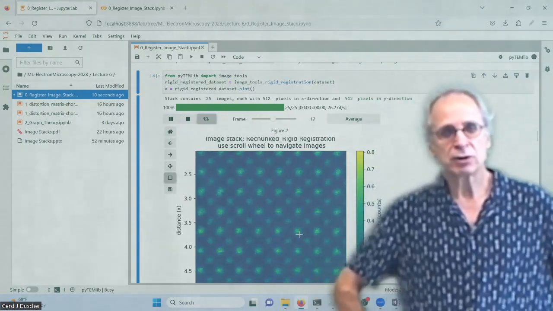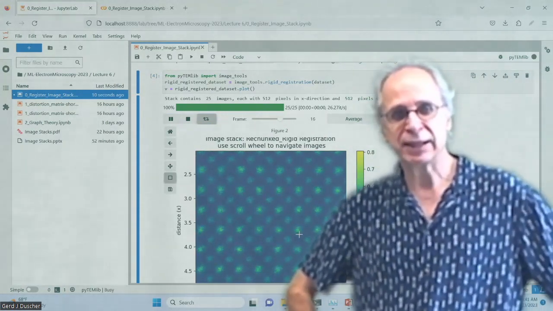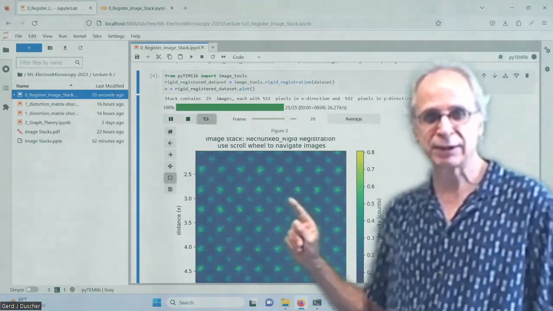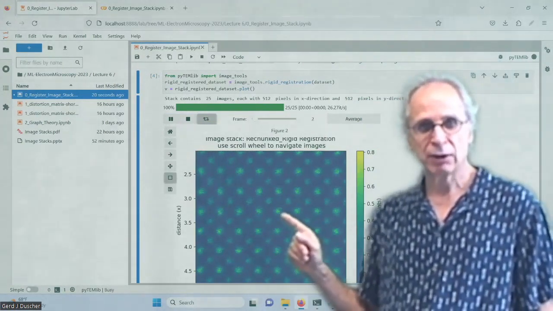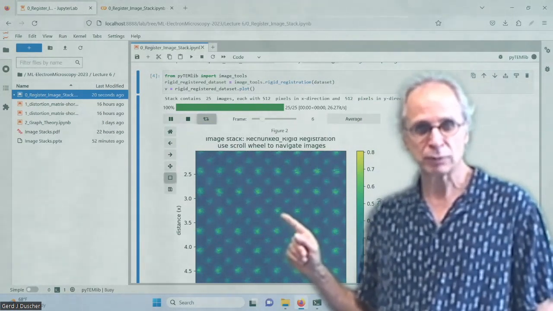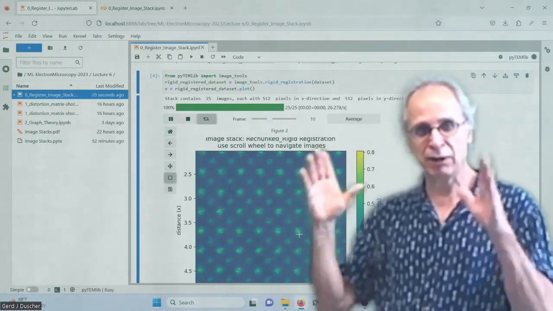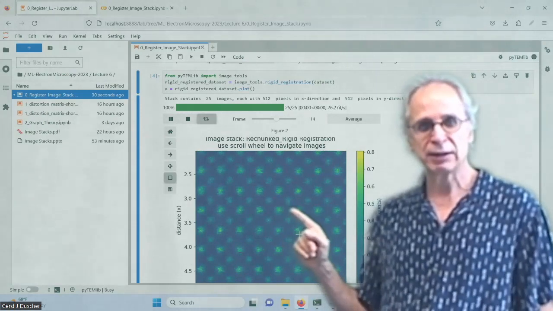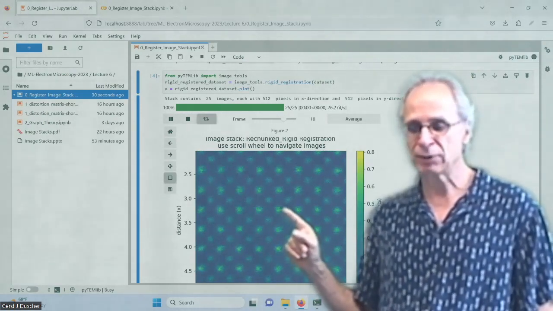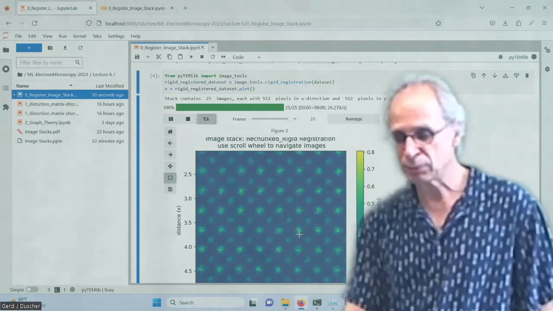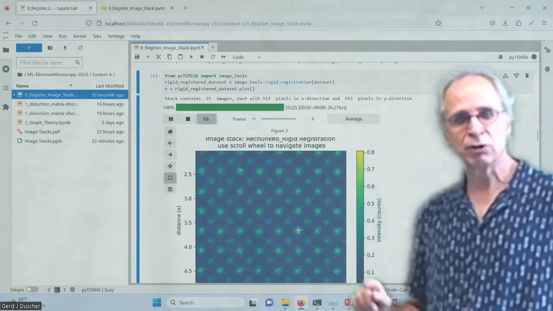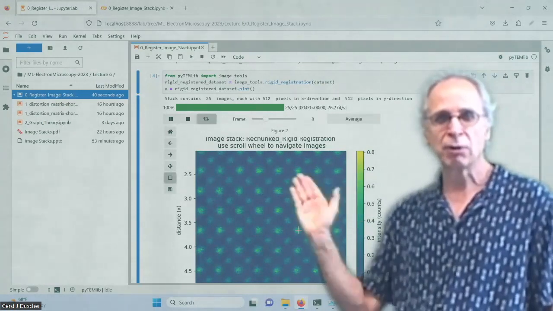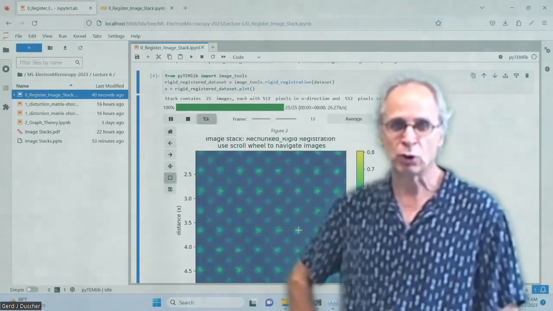And let's talk about why it doesn't make any sense to go to subpixel accuracy here. As you can see, even though the whole frame is extremely stable, the atoms dance around a little bit. If we have a spot here, you can see they jump around by a pixel or even more.